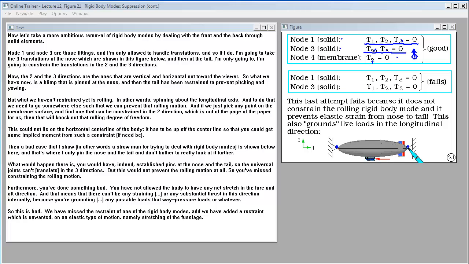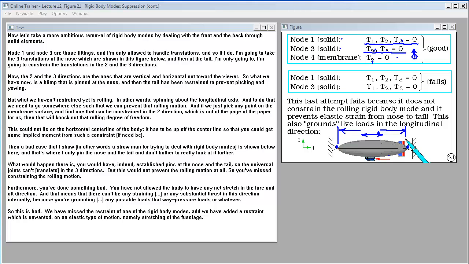So you've missed constraining the rolling motion. Furthermore, you've done something bad. You have not allowed the body to have any net stretch in the fore and aft direction. And that means that there can't be any straining or any substantial thrust in this direction internally, because you're grounding any possible loads that way, pressure loads or whatever.